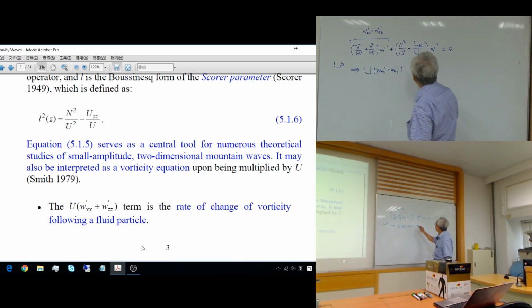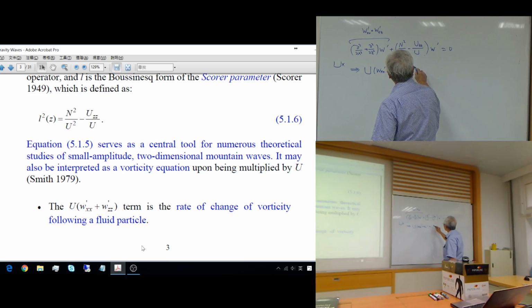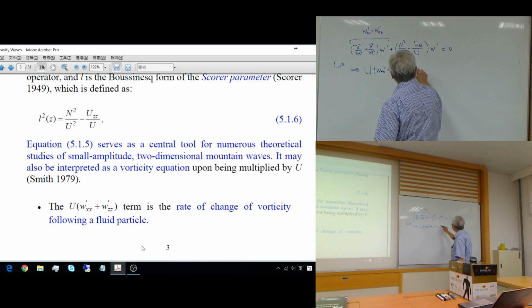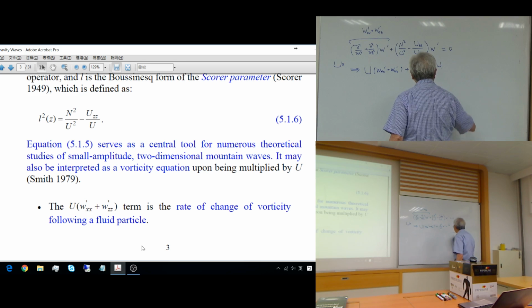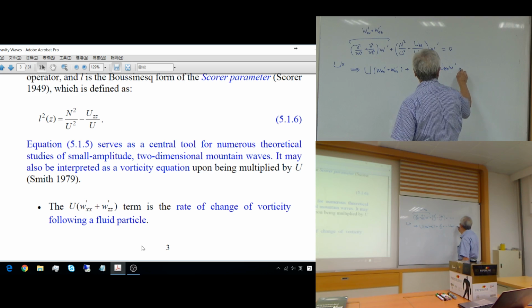Then this becomes N squared divided by U times W prime, minus U_zz times W prime, equals 0.